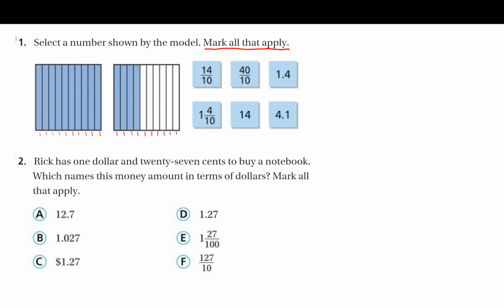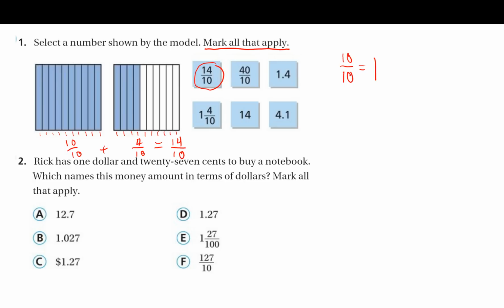Okay, so we have 10 out of 10 here, which we know from the last chapter we can write as 10 tenths, or one whole. And we have 4 out of 10 here. Again, we know from the last chapter that would be 14 tenths if we added that. So again, this is going to be one of our answers.